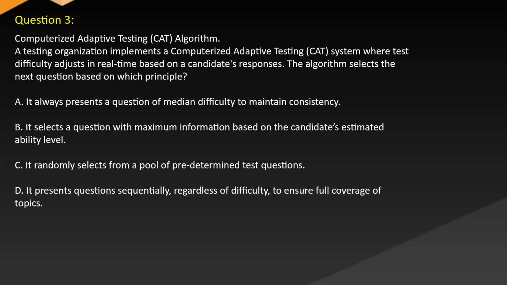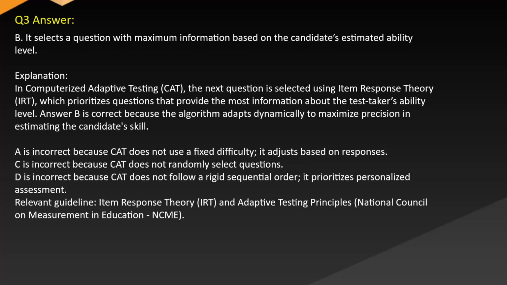B. It selects a question with maximum information based on the candidate's estimated ability level. C. It randomly selects from a pool of predetermined test questions. D. It presents questions sequentially regardless of difficulty to ensure full coverage of topics. Answer. B. It selects a question with maximum information based on the candidate's estimated ability level.